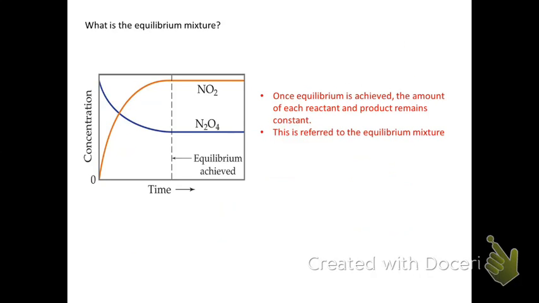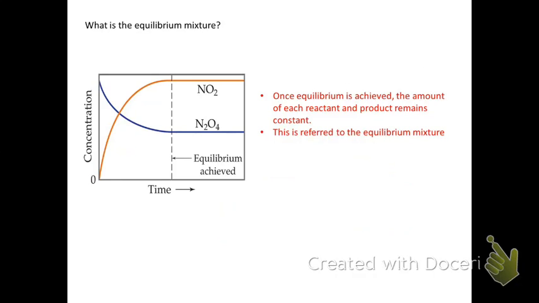All right, so let's talk about what implications this all has for the concentration. From this graph, you can see the concentration versus time graph of our reactants and our products. All right, so let's trace this.